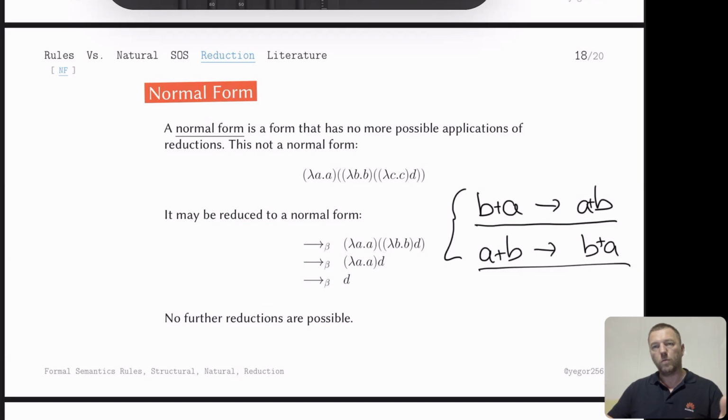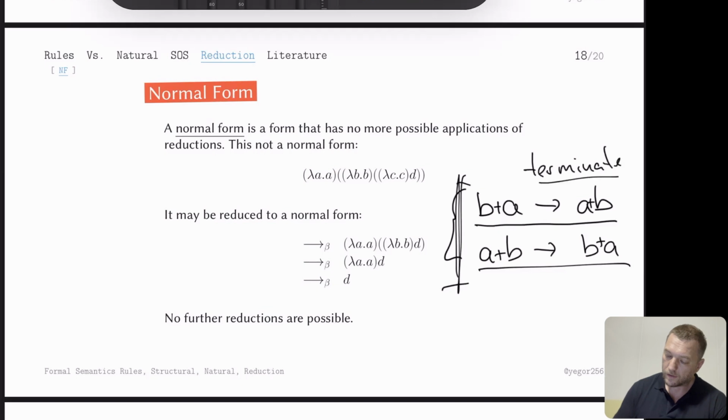Because no matter how many times you do it, you will never hit the end, the fixed point. So that's the problem: finding whether your reduction rules, all of them, actually terminate, whether they terminate for any program.